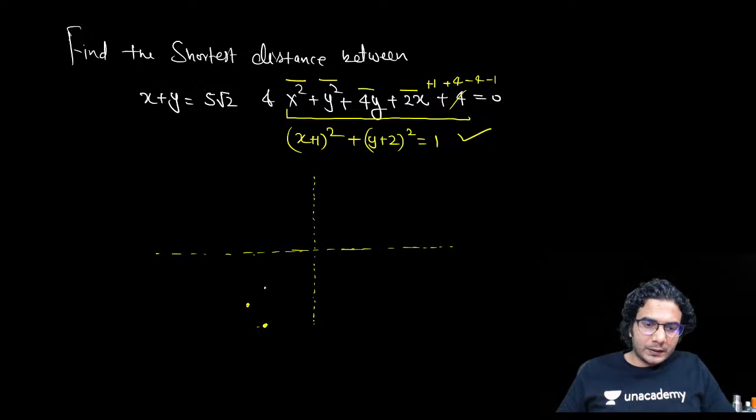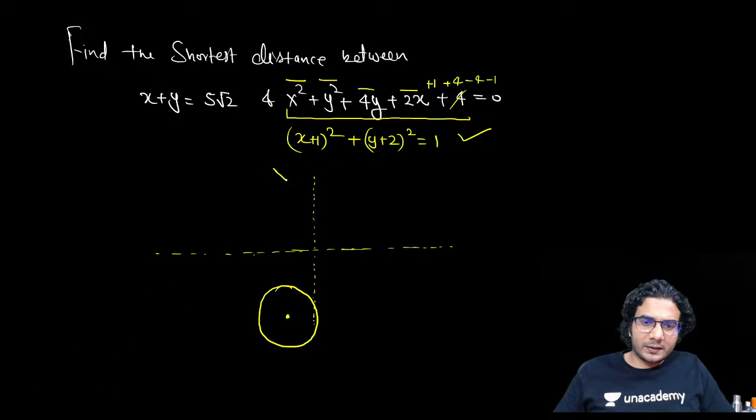Somewhere here, the circle will be like this. The circle will touch the y-axis, although all those things are not required by the way. You don't even need to plot these x and y axes.